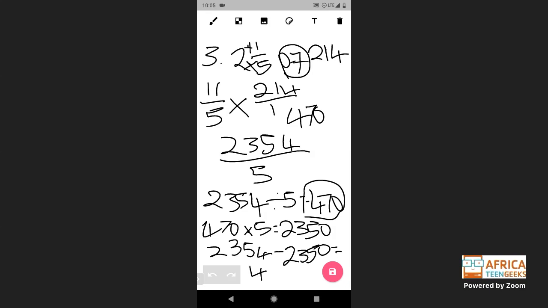The remaining number after 5 going into 2,354 will be 4. And our 5 as our denominator stays the same, right? So this will be our mixed fraction, and after multiplying, we will get this fraction, right? I hope we understand.